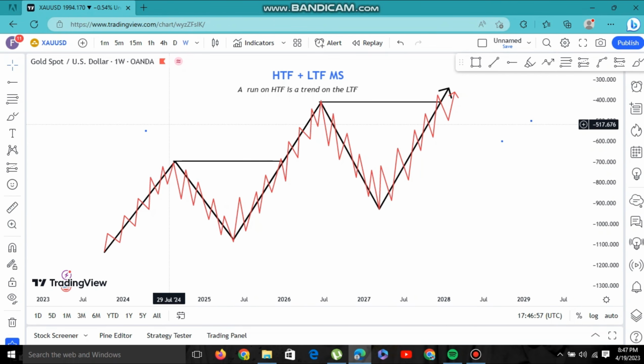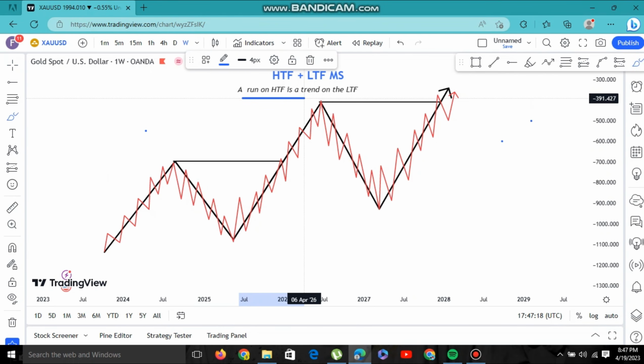In that, we are going to be considering two different time frames with their market structures all put together to find one high probability trade setup. So I have here a rule of thumb that I always follow, which states that a run on a higher time frame is always a trend on the lower time frame. Let's read this again. A run on the higher time frame is a trend on the lower time frame.